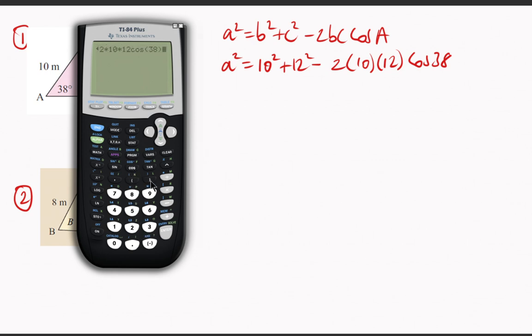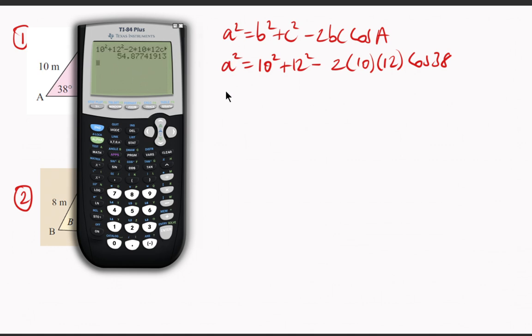A mistake a lot of people make is that they do this bit first. They do 10 squared plus 12 squared minus 2 times 10 times 12, get the answer, and then times by cos 38. But that won't work. The cos 38 is only times by the last bit here. So just type it in directly and the calculator will do everything for you.